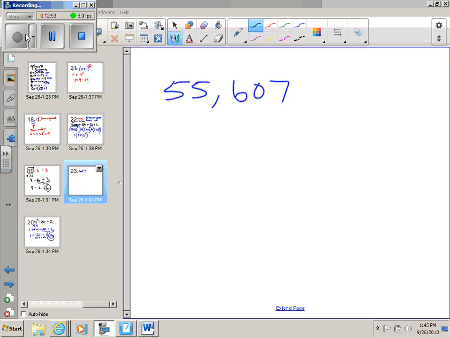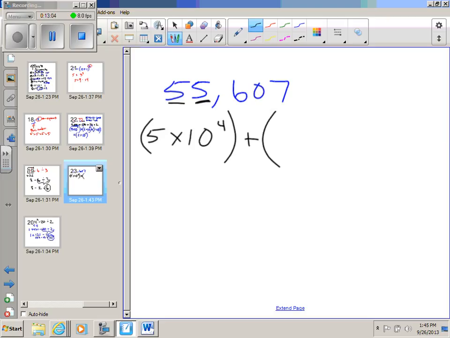Okay, this first 5 times 10 to the, well, how many places come after it before you get to the 0, essentially, Destiny? 4. Plus the second 5, how many places come after it before you would get to the decimal? Yes? 3.